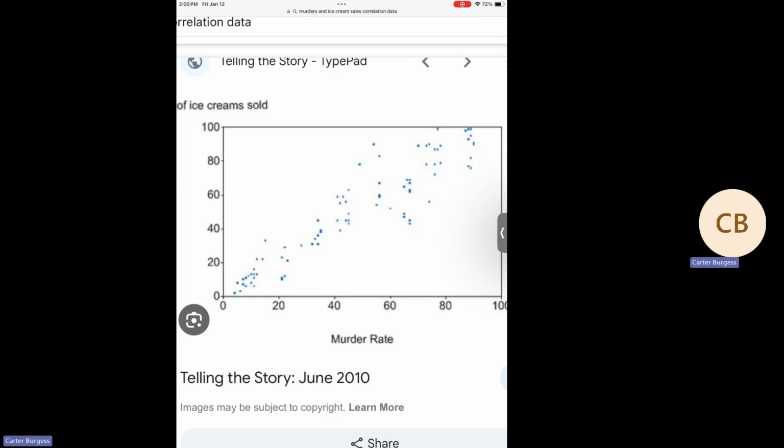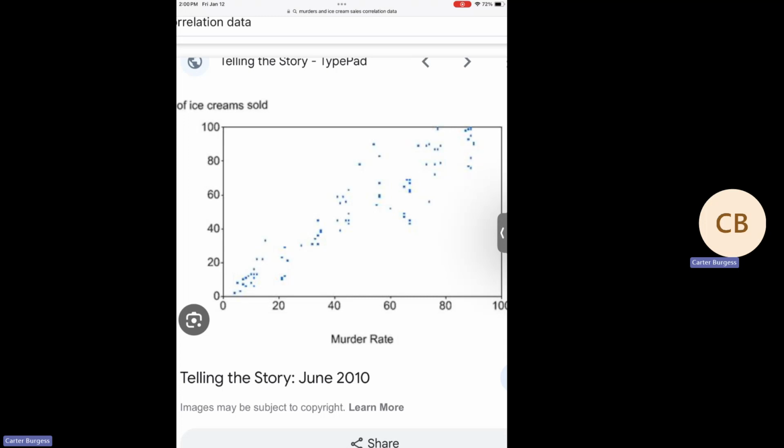So what's maybe a third variable, one that isn't being displayed here with our survey, that might cause an increase in both ice cream sales and murder rates simultaneously? Time of the year. So what time of the year would we expect ice cream sales to be higher? Summer. And alongside summer, we get school being out.